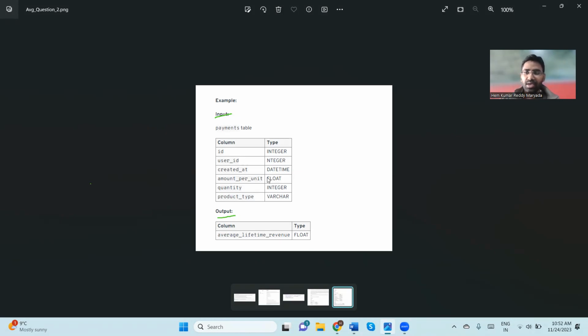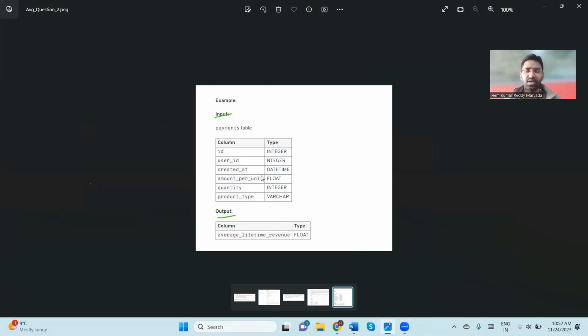If he's buying AirPods and the AirPods cost $200, and he's buying two AirPods, then definitely it's going to be $400. So amount per unit is 200 and quantity is two.